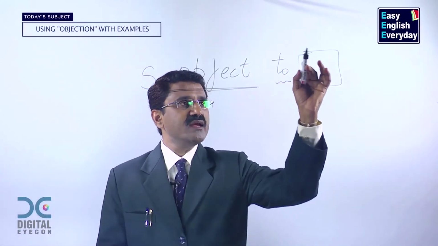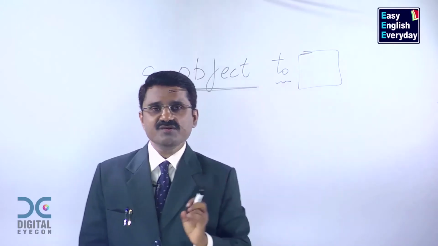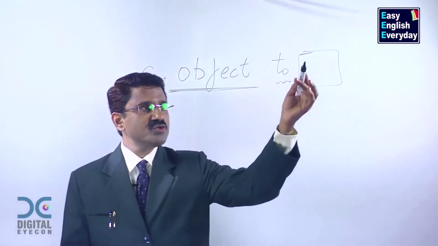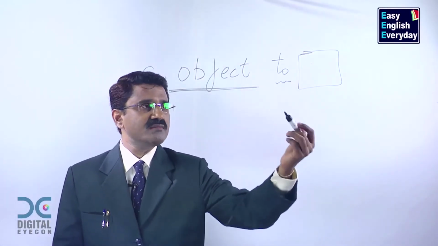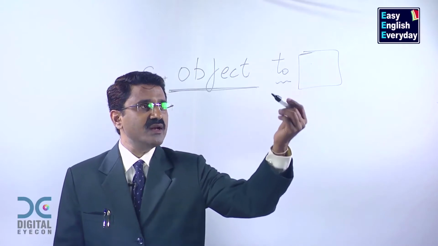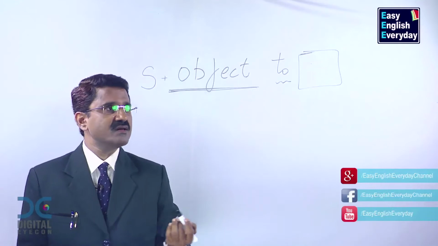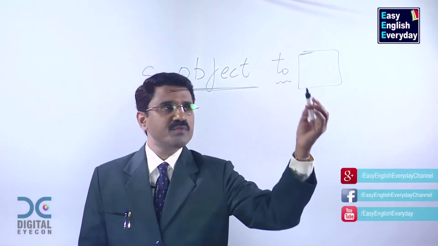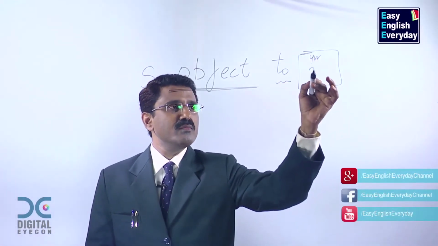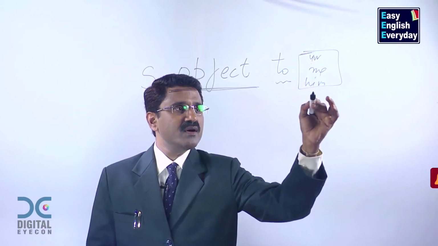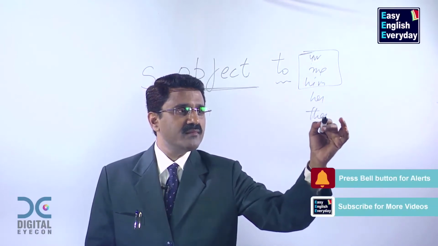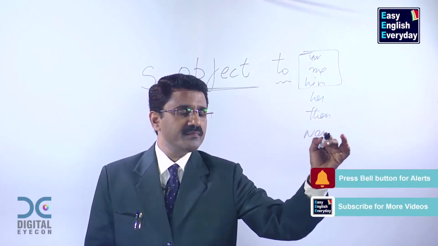Now in this area, a person comes here. I object to Ram, Shyam, Anil, Sunil, Sita, Geeta, John, Sam, Peter, Tanya, or any pronoun: you, me, him, her, them, or name.